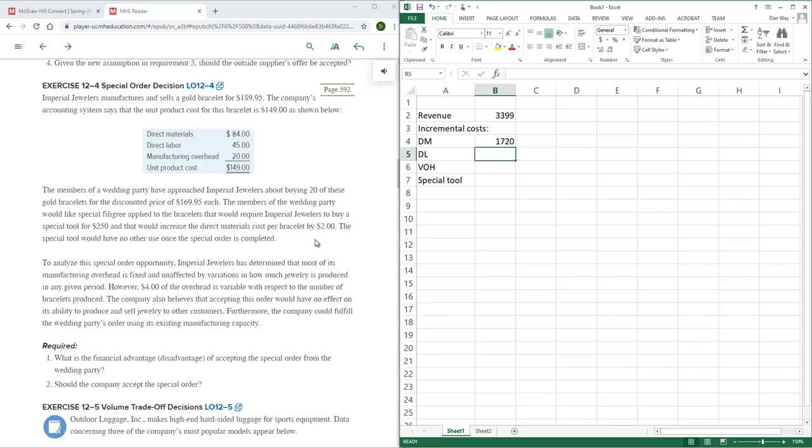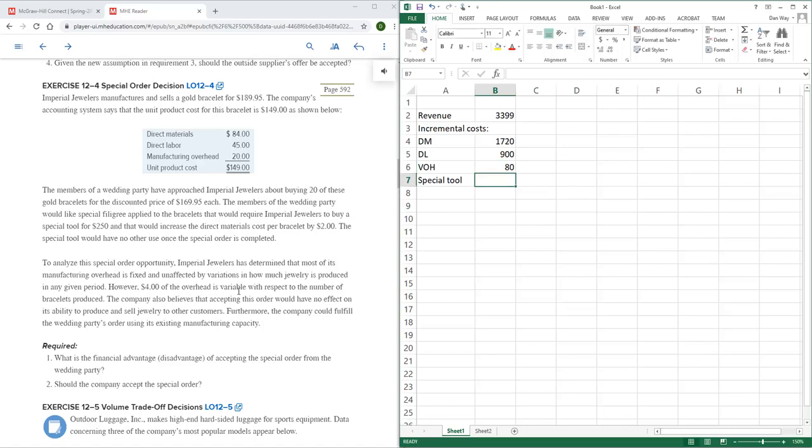Labor doesn't change on a per unit basis, so it's the $45 per unit times the 20 bracelets, or $900. And then over here, overhead, they did say was $4 per unit in variable overhead cost. So we can just take the $4 times the 20 units.